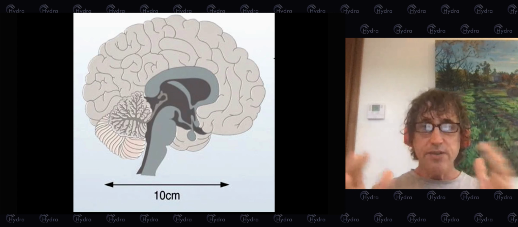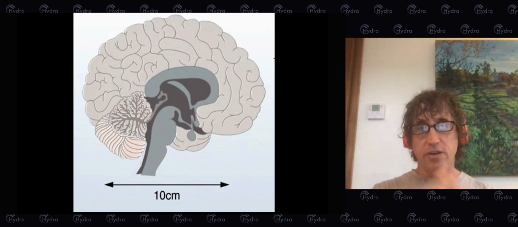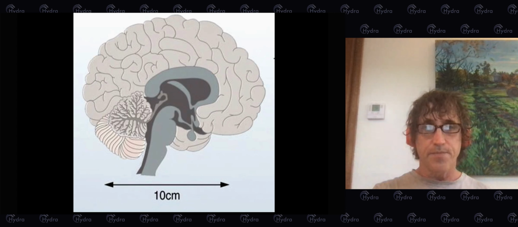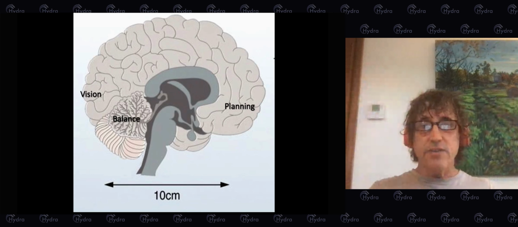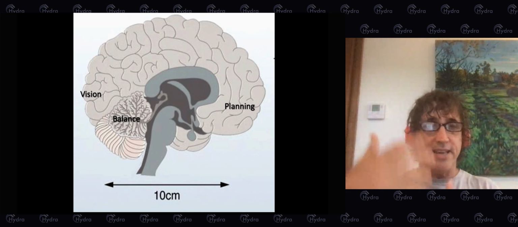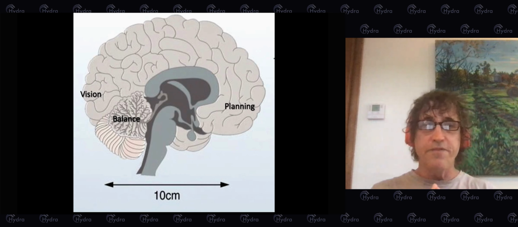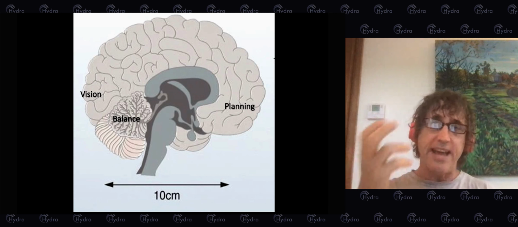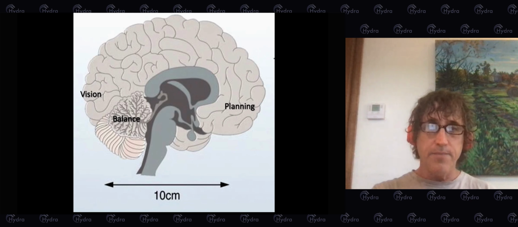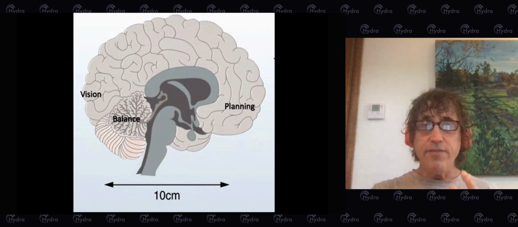Here's an image of a brain, and it's about 10 centimeters across. You've probably seen these fMRI images of vision regions, balance regions, planning regions. And at that level, this is one level of organization of the brain.